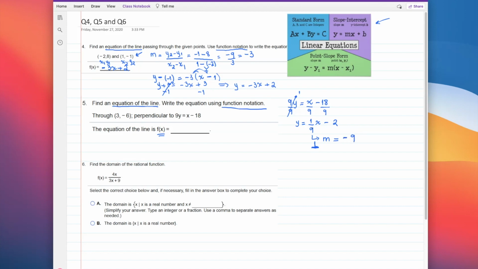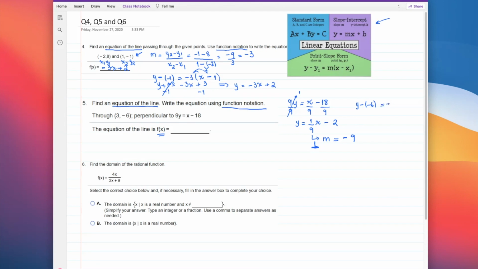So I flip and I change the sign. The positive became negative and 1/9 became 9. So this is the slope of the line that I have to write the equation for. And I have the 2 points. Then I use this point-slope form, y. And I'm going to use, so the y is -6.